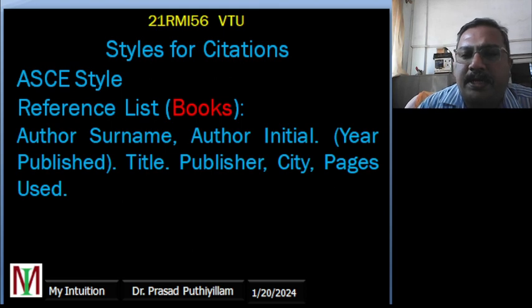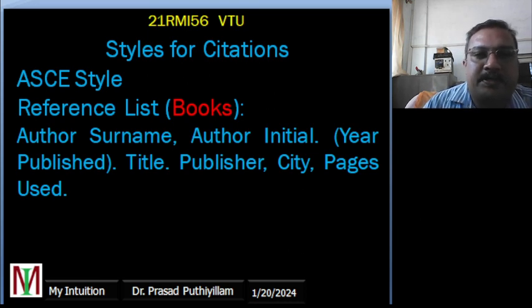Now next comes the styles for citation. Here I have mentioned three different styles. One is ASCE style, the second is IEEE style, and the third is ASME style. The first is mainly for civil engineers, the second for computer and electronics, and the third for mechanical engineers.